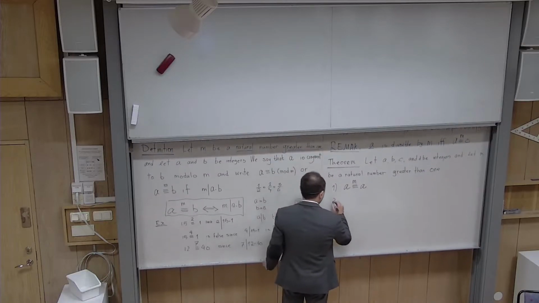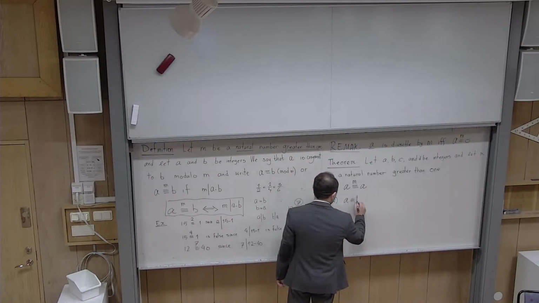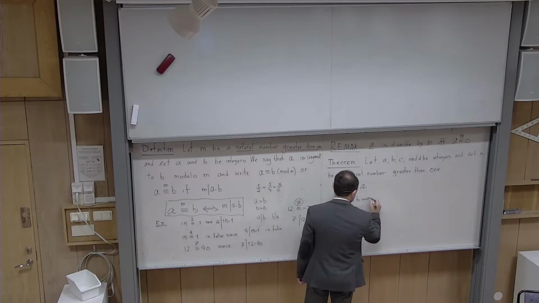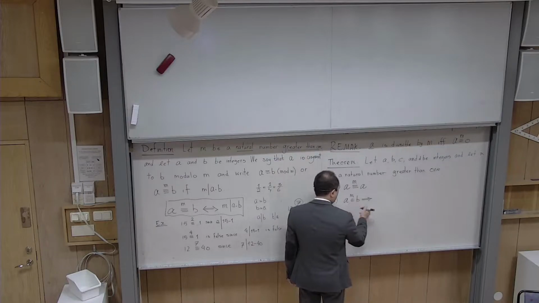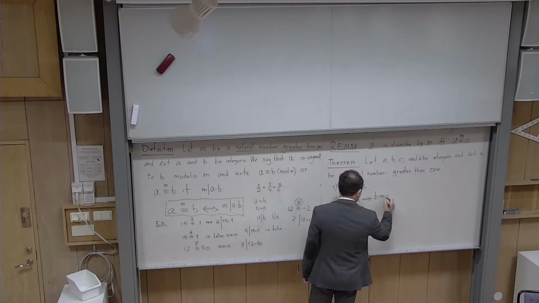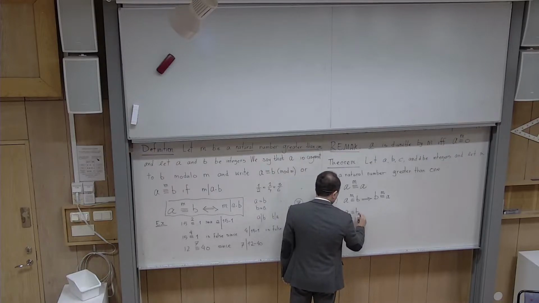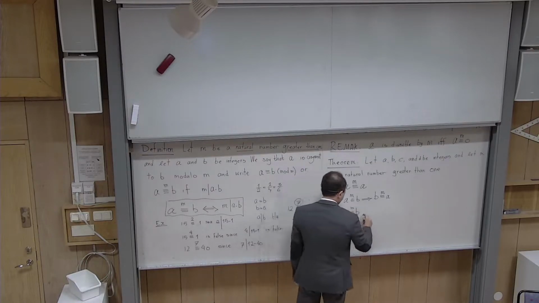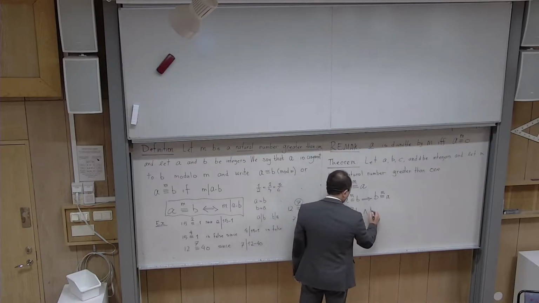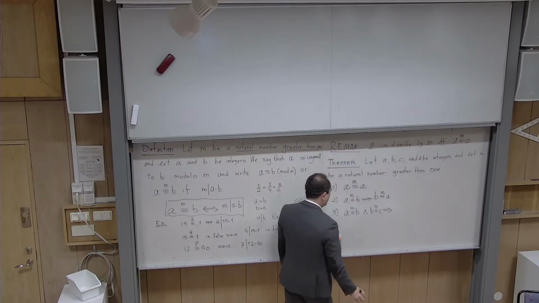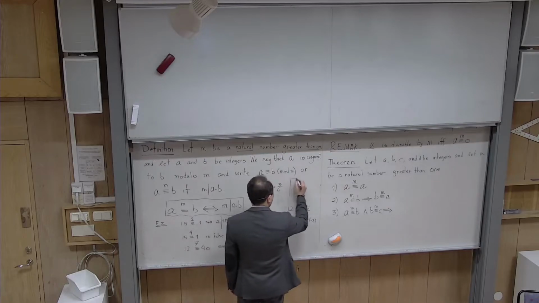Number 2, if A is congruent to B modulo M, you can conclude that it is symmetric. So B is also congruent to A modulo M. Part C, if A is congruent to B and, yes? B is congruent to C. I hope that you can immediately anticipate what is going to happen if you just compare it with equality.